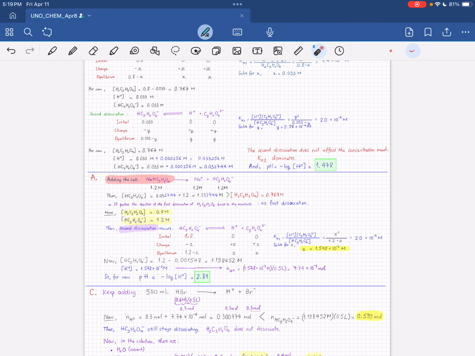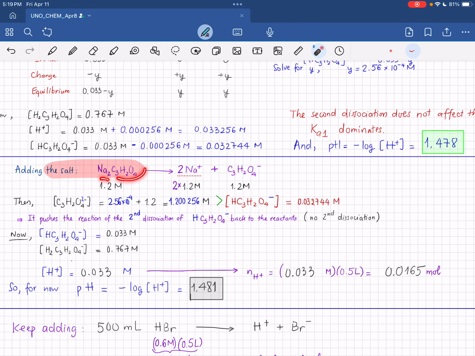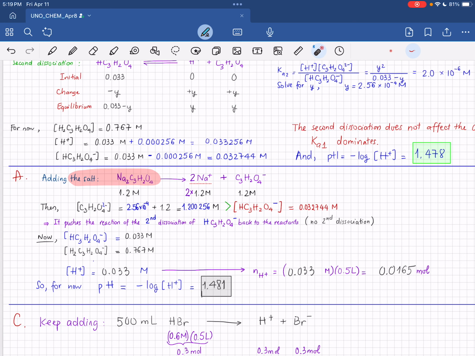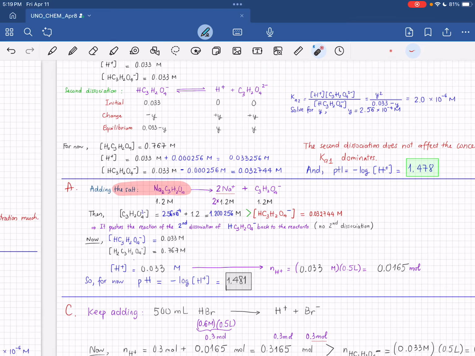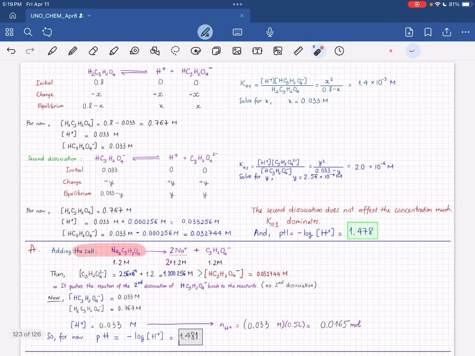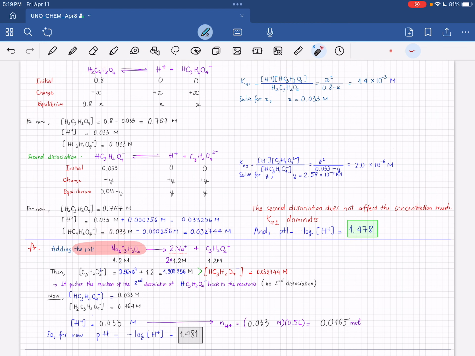What if we add another kind of salt, the disodium malonate? It doesn't say very clearly in the problem statement, right? So again, everything here is the same. This is the acid solution before adding the salt.